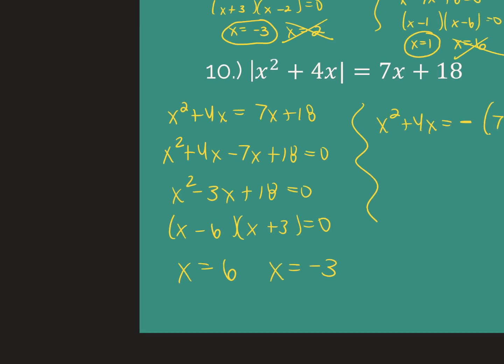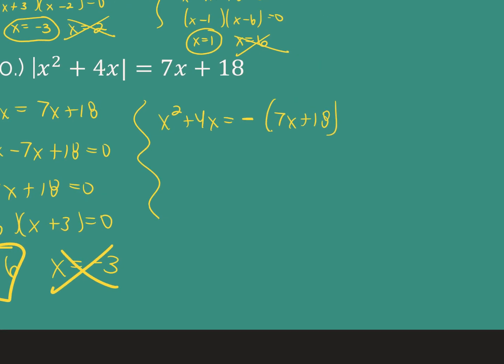Did you guys plug in and tell me what works and what doesn't? Negative 3 doesn't work, and 6 does? Are you for sure? I'm not telling you guys are right or wrong, but I'm trying to show you, you have to check. Don't just wait for Paul to do it. Paul, which one works, which one doesn't? The positive 6 works and the negative.